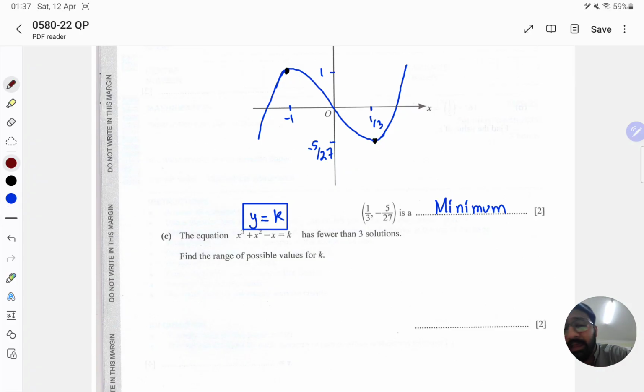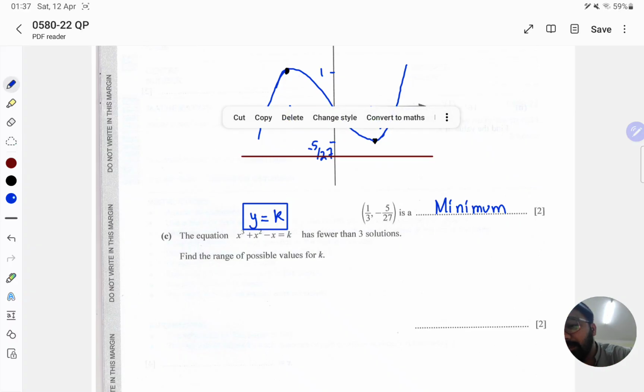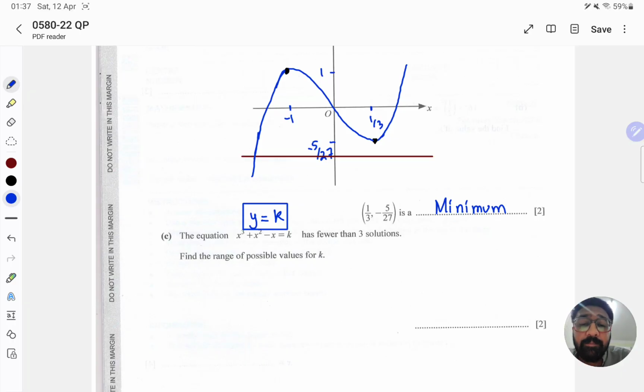So let me make a line over here. If I draw a line over here, there is one solution basically. If I extend the line, does it have fewer than 3 solutions? Over here, how many solutions? If I extend this graph from here, how many solutions do you see? There is just one. Let me stretch it from this side as well.